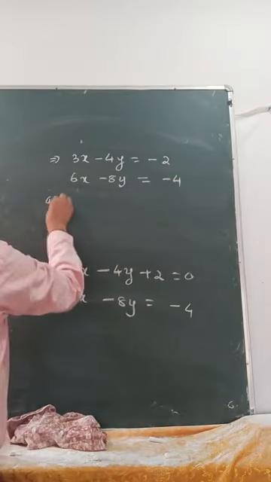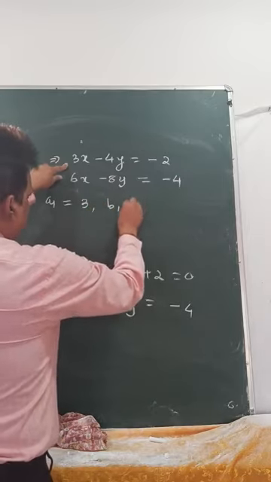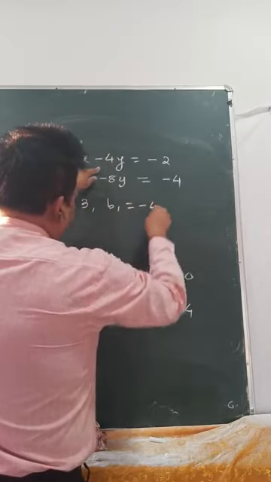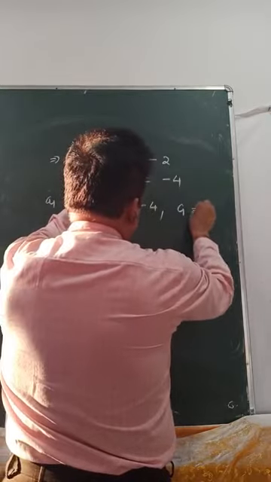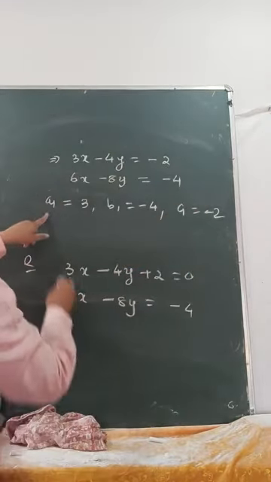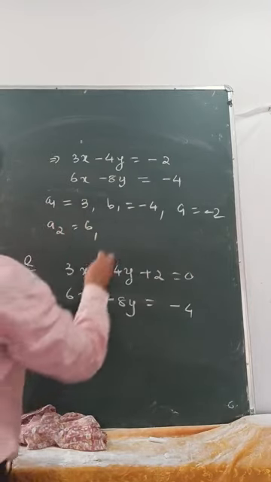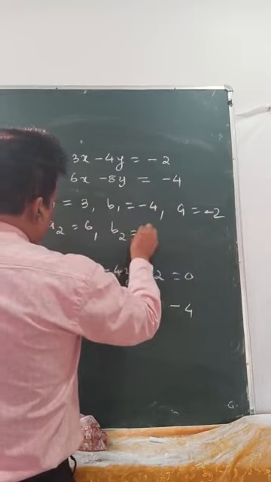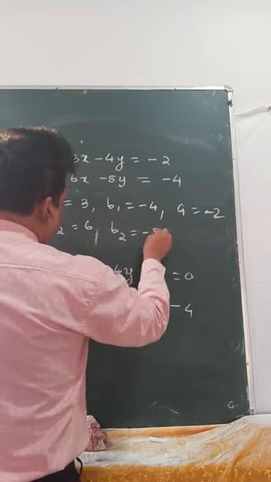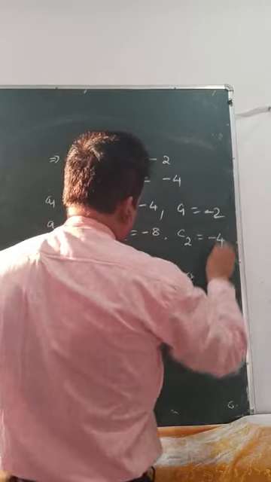So what is a1? 3. What is b1? Minus 4. What is c1? Minus 2. Okay. Then what is a2? 6. b2 minus 8. c2 minus 4.